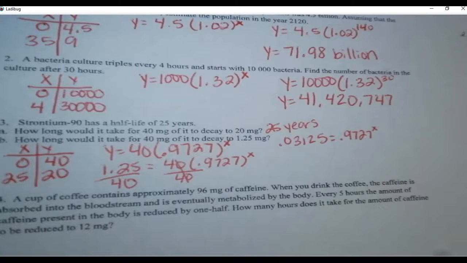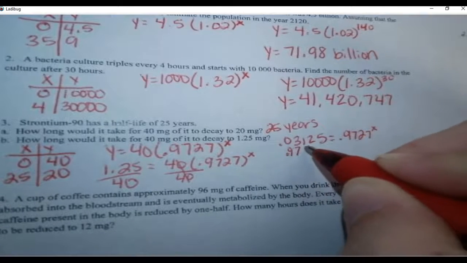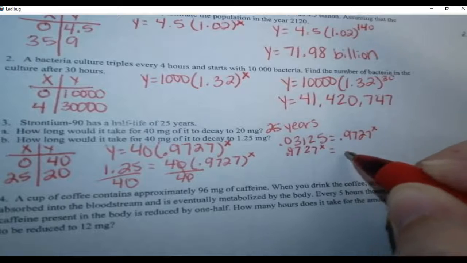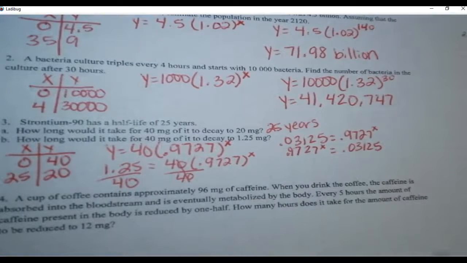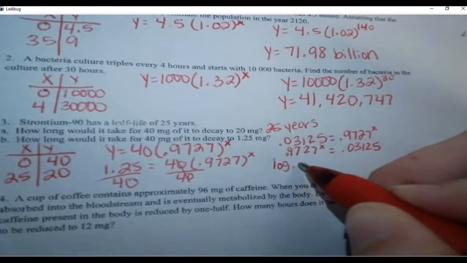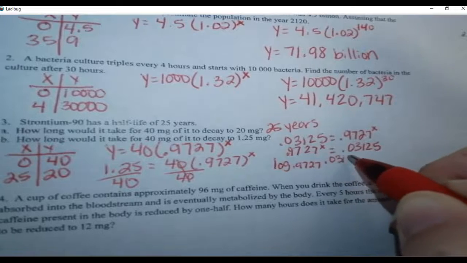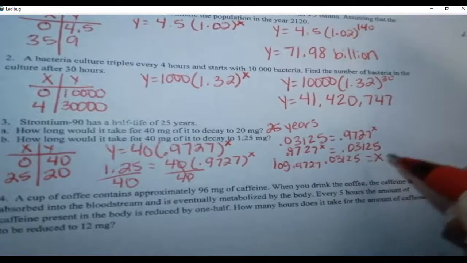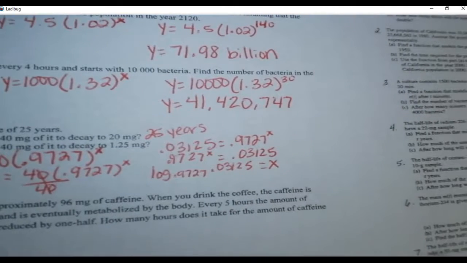And now the exponential is by itself, so we want to change it to log form. Again, if you need to flip-flop the equation to do that, that's perfectly fine. So 0.9727 to the x equals 0.03125. Then we make it a log. And that's what we type in.